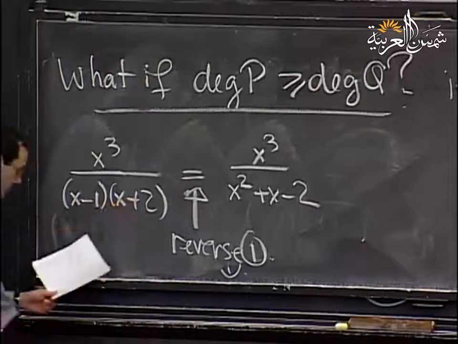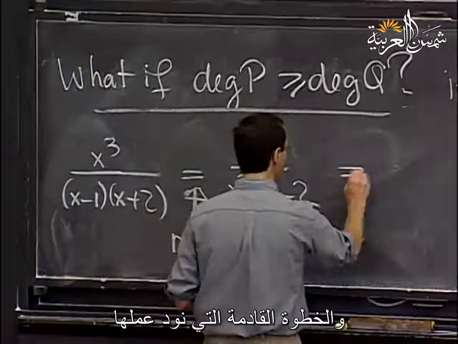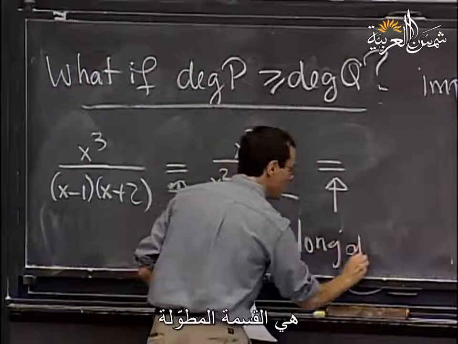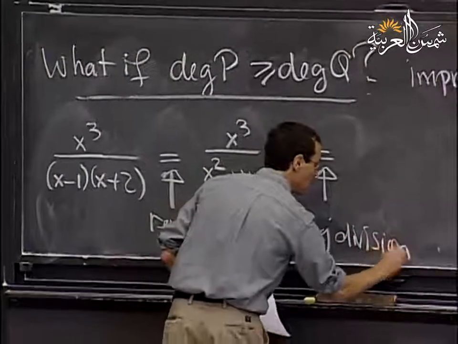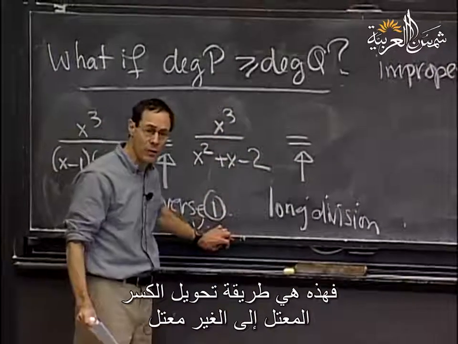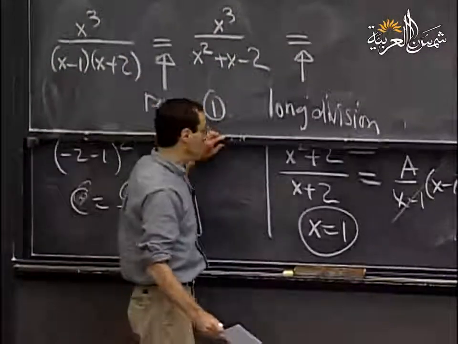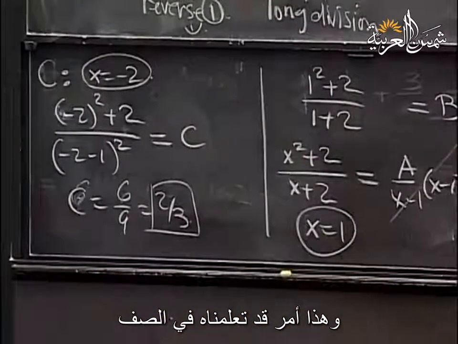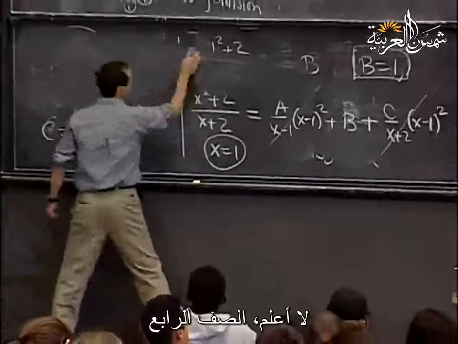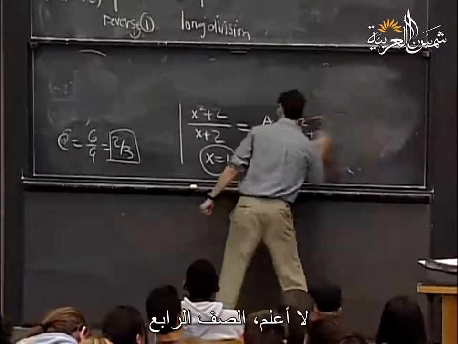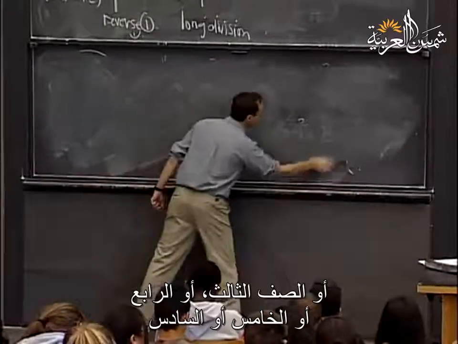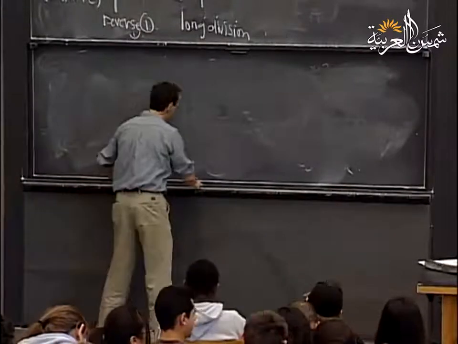And now, the next thing that I'm going to do is use long division. That's how you convert an improper fraction to a proper fraction. Now, this is something you were supposed to learn in, I don't know, grade 4, grade 5, grade 6, etc.